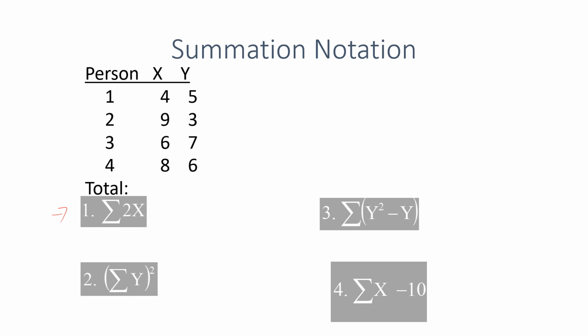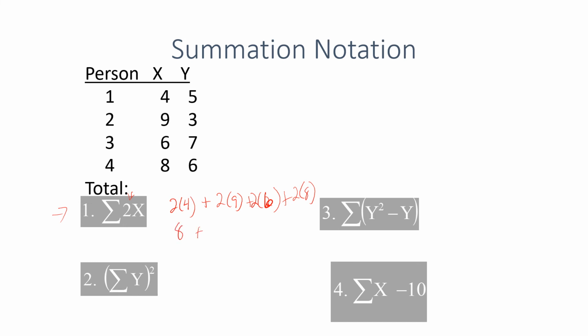Okay, so first things first, you need to remember order of operations. This is multiplication. Because it's multiplication, 2x, that comes first. That comes before the addition. So what we're going to do is multiply each x by 2. So it's going to be 2 times 4, 2 times x1, plus 2 times 9, 2 times x2, plus 2 times 6, plus 2 times 8.